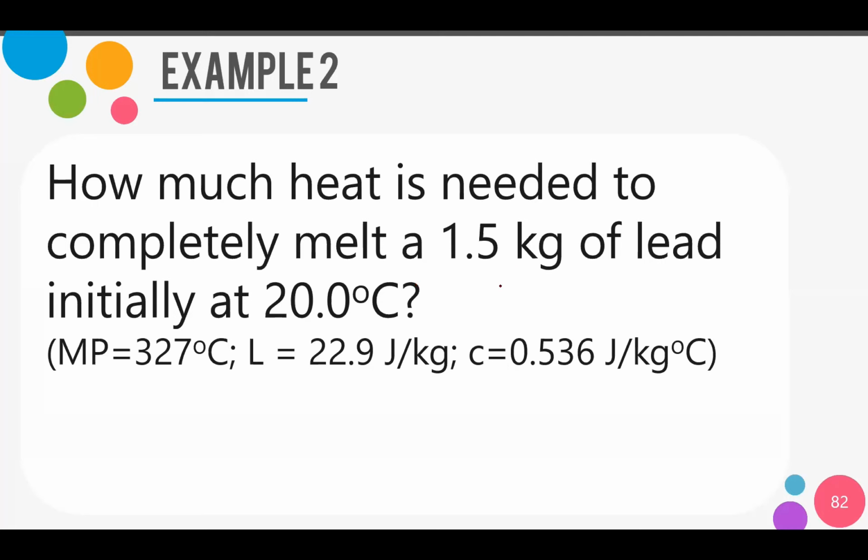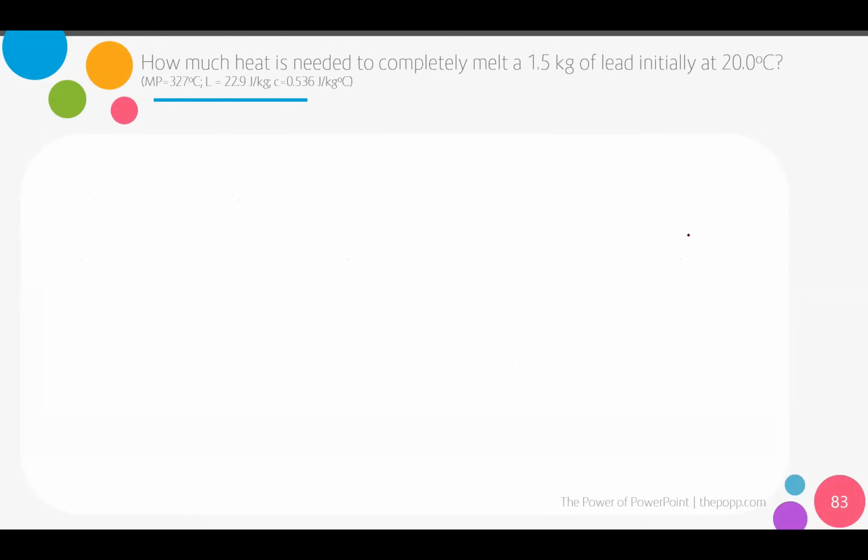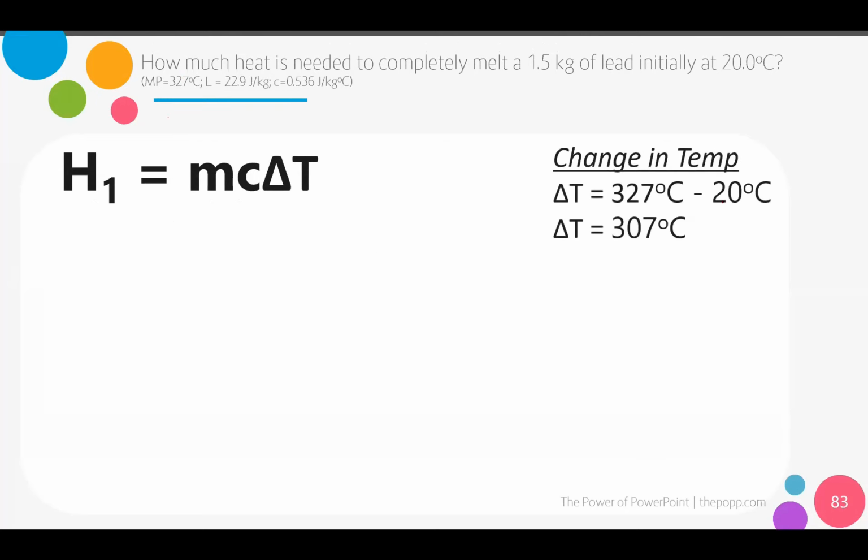So since magkakapareho rin yung kanilang unit, so kilogram, and degree Celsius, so no need na to convert any of them. Ang kunin na lang natin muna is the change in temperature. So from 327 degrees Celsius minus 20 degrees Celsius, which is the initial temperature, and that is 307 degrees Celsius.